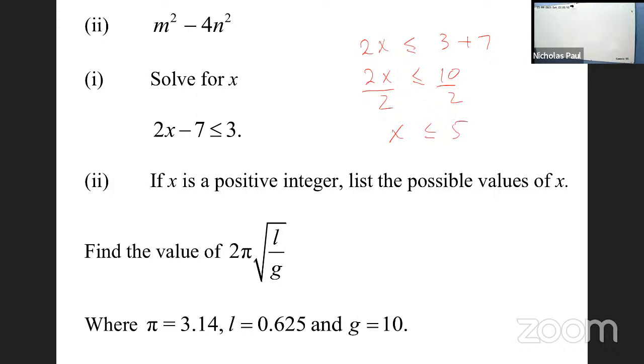All right? Suppose x is a positive number. What would the possible values be if x is a positive number? Elijah, help out now, please.